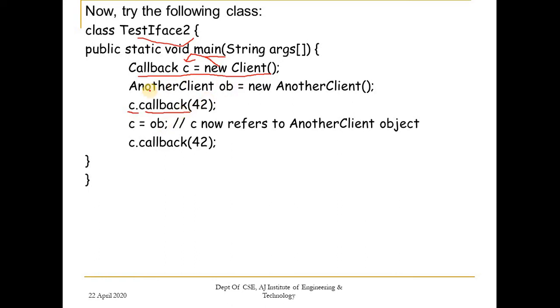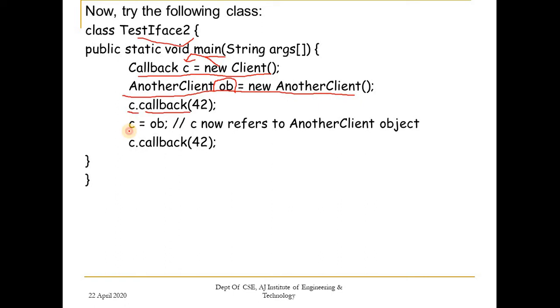Next, see this statement over here: AnotherClient ob = new AnotherClient. Here I'm creating an object ob. This object is of class type AnotherClient. So AnotherClient is another class that is going to implement the Callback interface as well. So ob is an object representing the AnotherClient class.